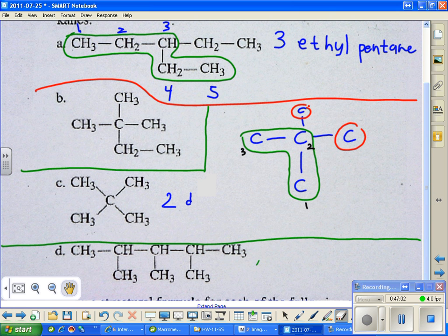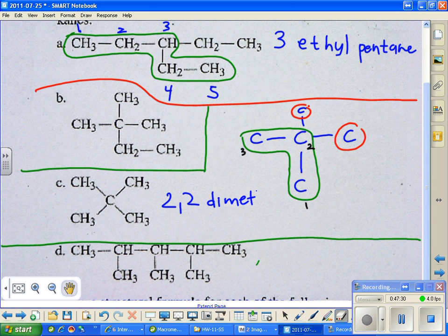She wanted to say 2-dimethyl. What's wrong with that? It's 2,2, because there's 2 substituents on number 2. 2,2. Now you're dimethyl.